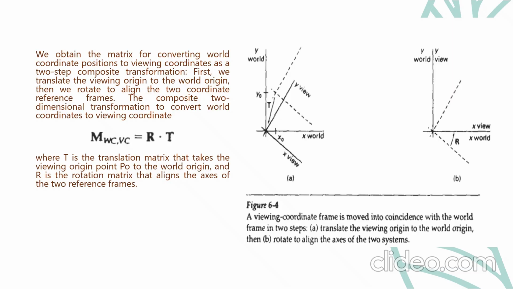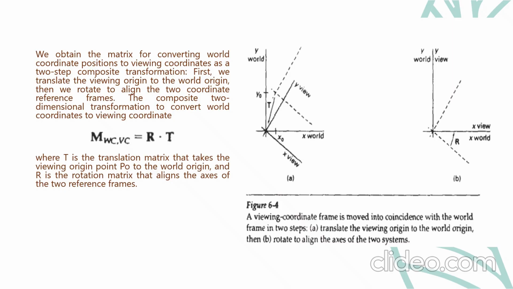Instead of applying this transformation separately, computer graphics combines them into a single composite transformation matrix. The translation matrix, which we have defined now, is represented by T, and the rotation matrix is represented by R. If we want to combine these two matrices, we have to multiply these matrices, right?